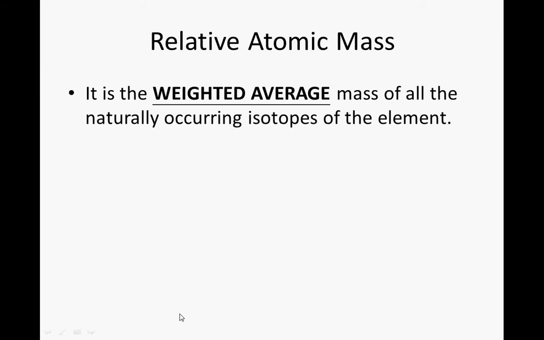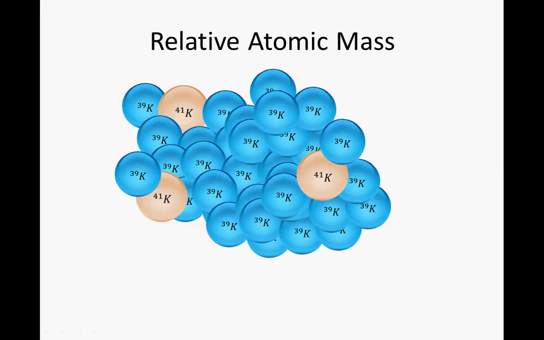Okay, so relative atomic mass is another concept. It is called the weighted average mass of all the naturally occurring isotopes of the element. What's meant by a weighted average? Let's look at this picture. Suppose this is the picture of real potassium atoms.